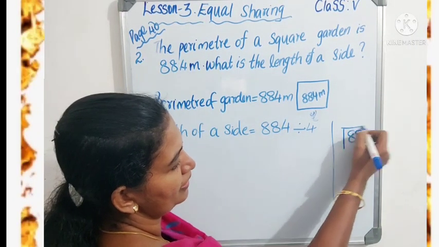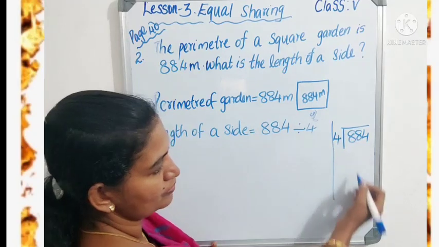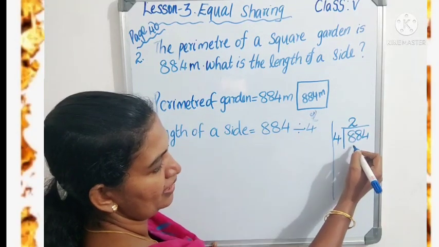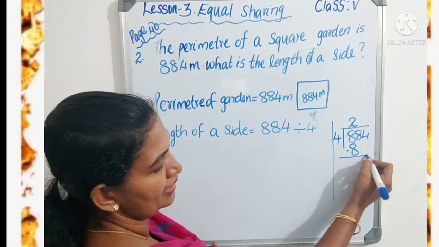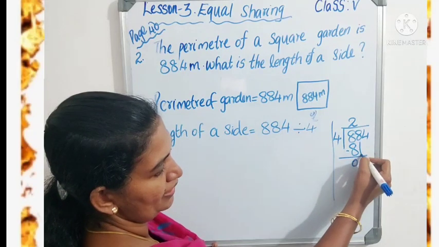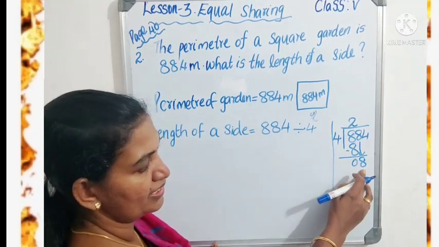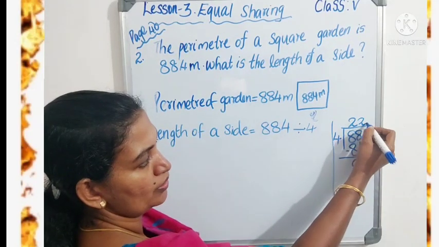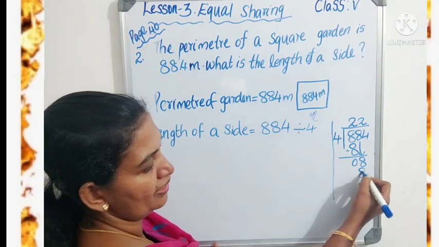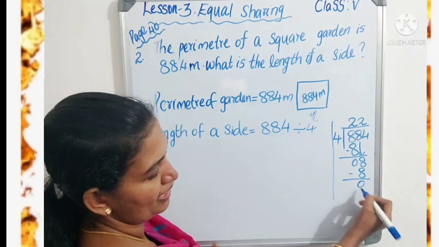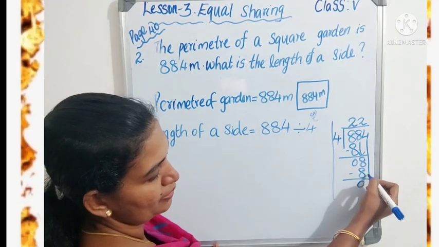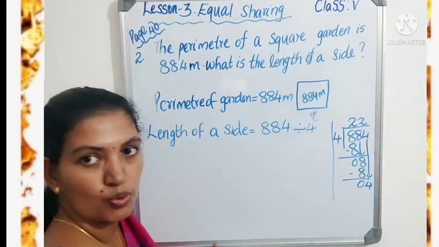884 divided by 4. You know that 2 4s are 8. Then subtract, 0. Next digit bring down, again 8. Again we know that in 8, 2 times 4, 2 4s are 8. Again subtract, then next digit bring down, that is 4.